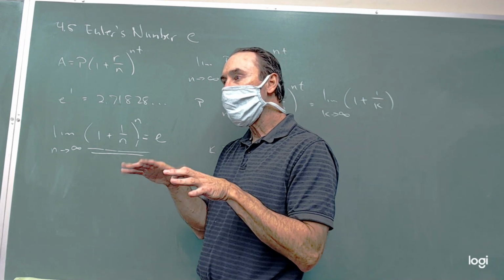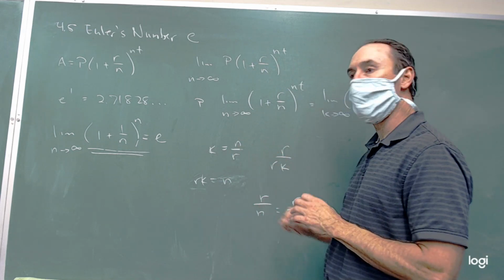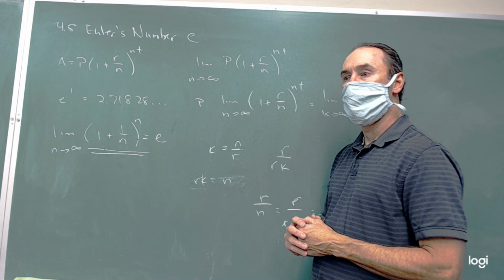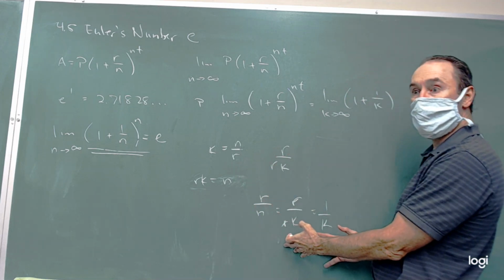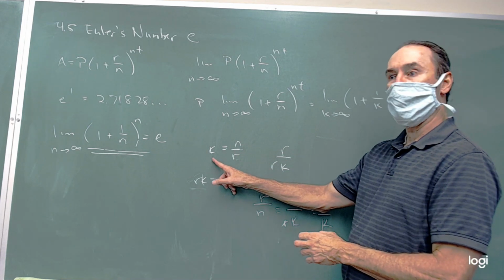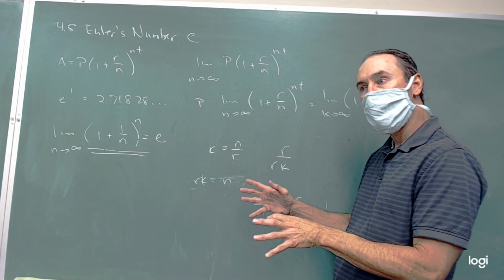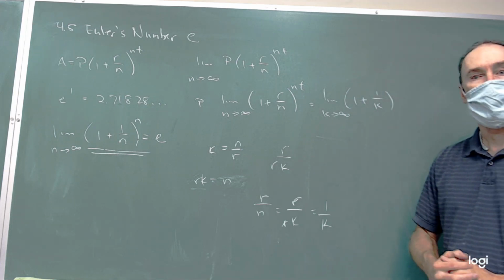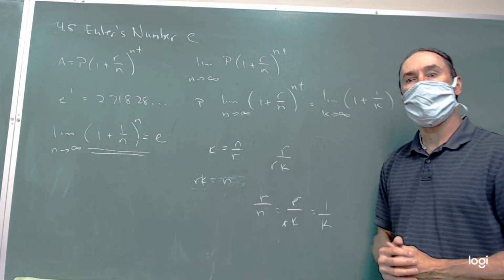To get there, I need to do a little bit of what's called a change in variable. But it's still correct mathematically, because if n goes to infinity, so does k. So I'm changing the appearance, but not its actual value, for a purpose. I have an end game in mind here.